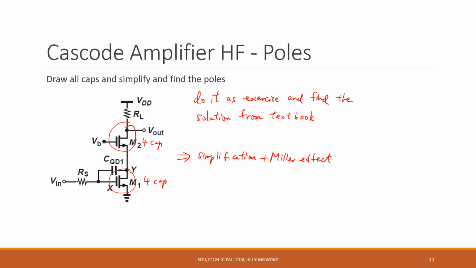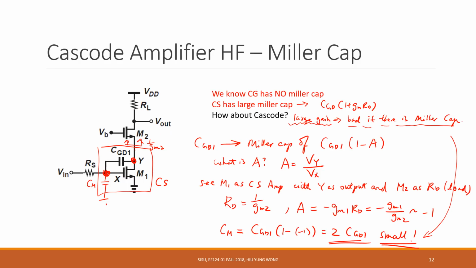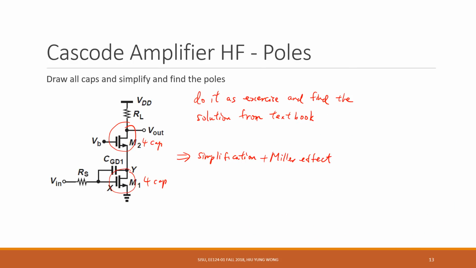And we already learned the Miller effect. This is CGD1. We already showed that it will give you 2 CGD1 when you break that. In particular, I can show you that this one is 2 CGD1, and same for this one, also 2 CGD1.